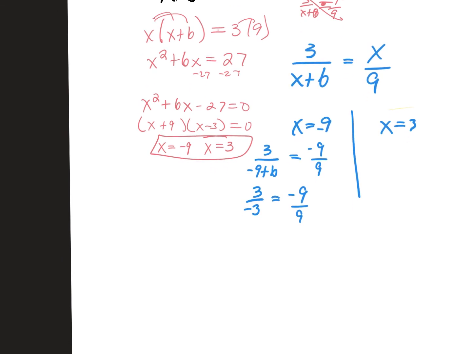What is 3 divided by negative 3? Negative 1 equals, what's negative 9 divided by 9? Negative 1. Does negative 1 equal negative 1? Yes. So plug in 3. 3 over 3 plus 6 equals 3 over 9. Well, 3 over 9, does that equal 3 over 9? Yes. So this one works as well. You can plug in the whole thing.